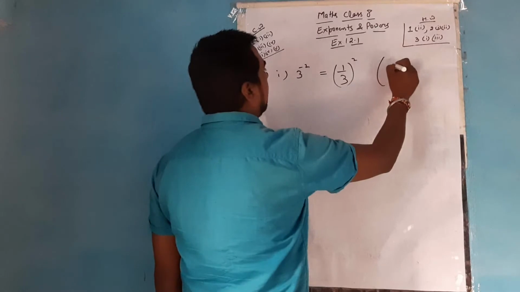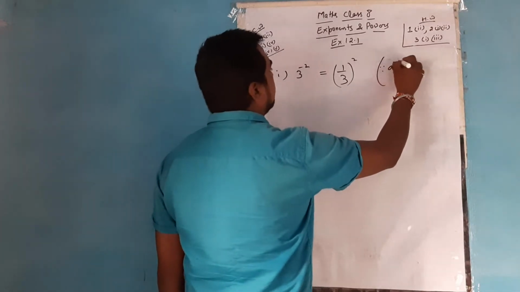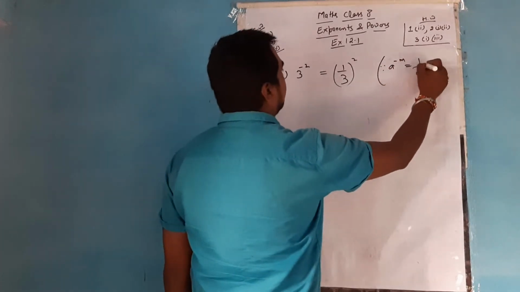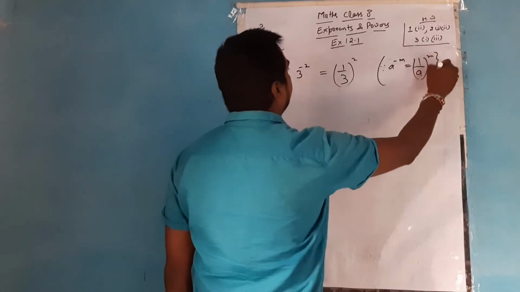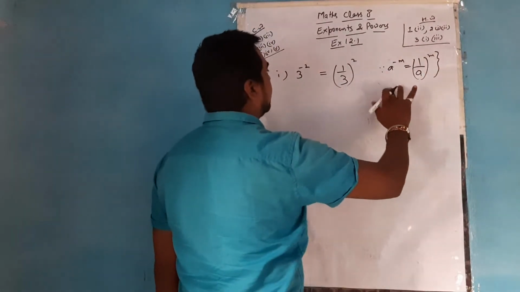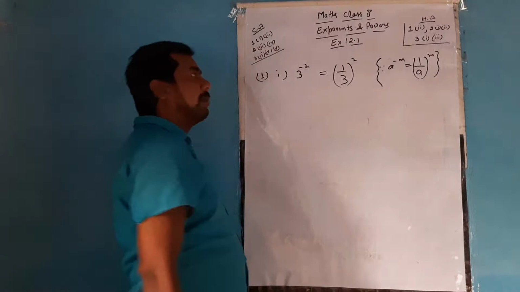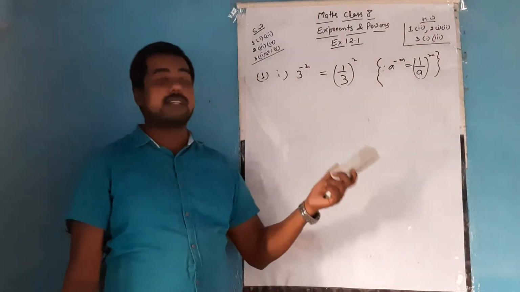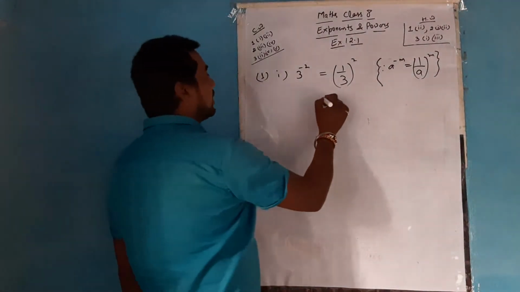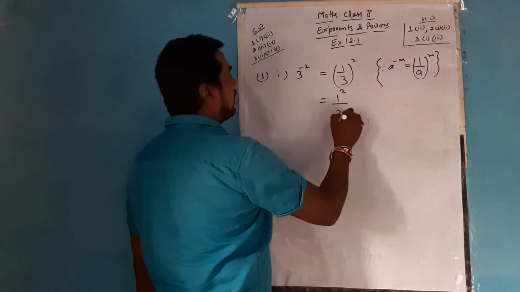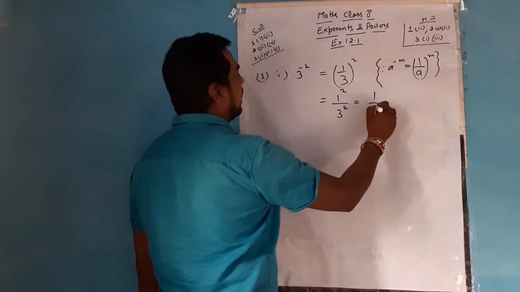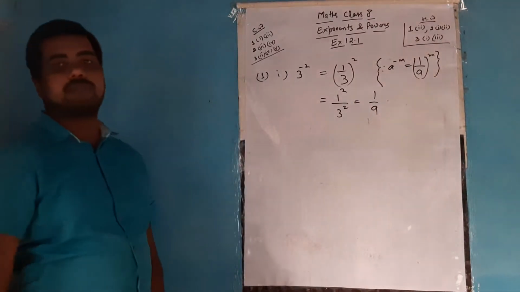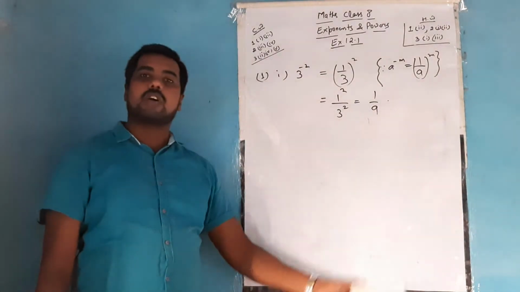You will use the law a to the power minus m is 1 by a to the power m. This is the law which you have studied just now. I am showing you the application of it in the form of exercise. Now as it is asked to evaluate, we'll distribute the power. So that becomes 1 and 3 square becomes 9. This way you are going to get the answer.